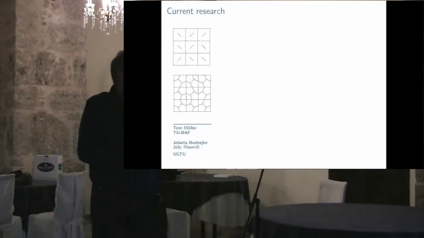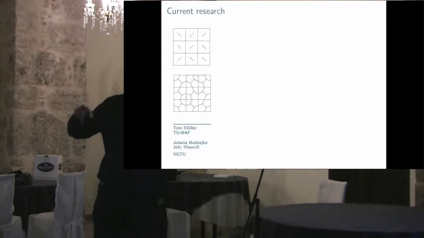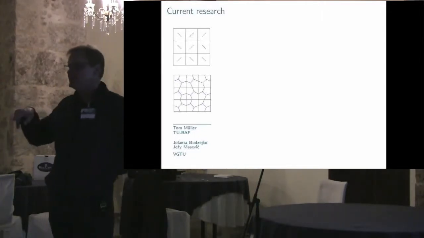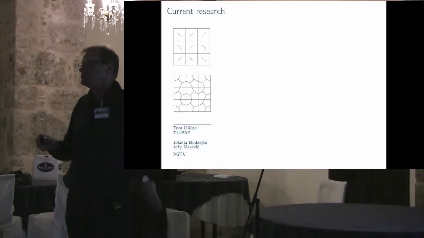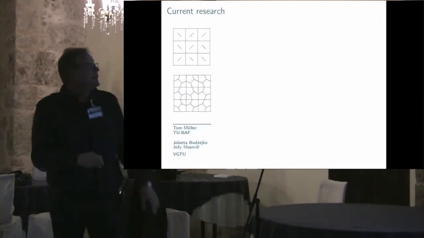For this purpose, we generate structures according to the same principle. Now we define a network made from m times m quadratic cells, but now these cells are assembled from beams. And at the moment we are using classical Euler beam theory.